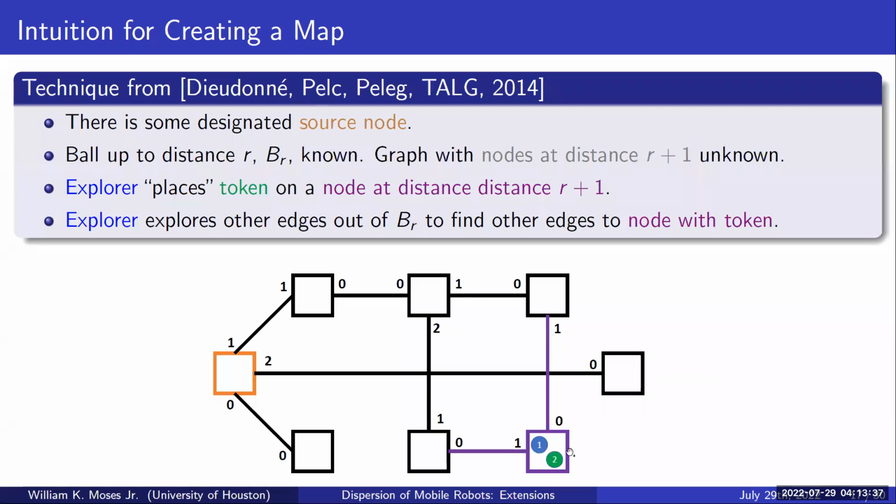And once this is done for this node, if there were still edges that led out of this ball of radius r, the token explorer would explore those edges as well. In this manner, the token explorer will learn the graph up to distance r plus 1. And this is repeated until there are no more outgoing edges.